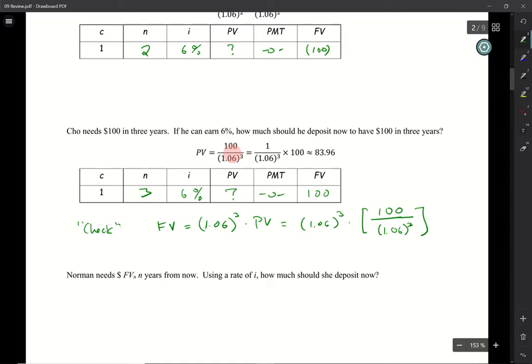And so if you cancel out the factors, you get 100. If you see $83.96 as 100 divided by 1.06 cubed, then it's easy to see the cancellation, right?